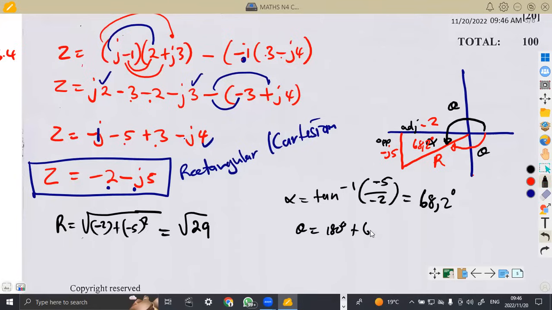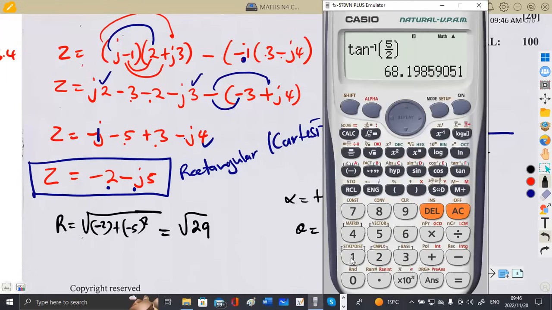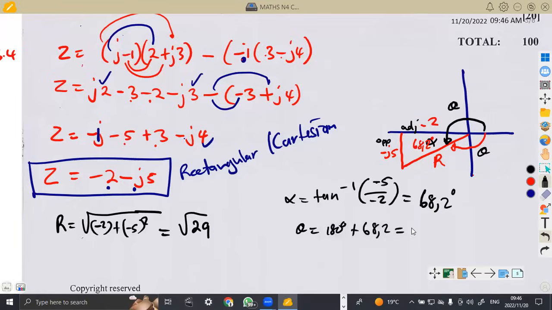So we add 68.2 to that one. So it's 180 plus 68.2, which is 248.2.